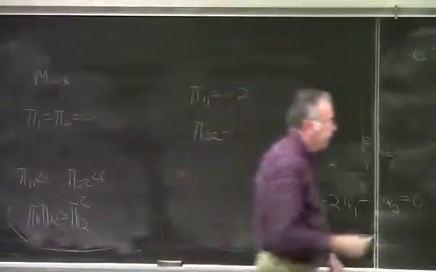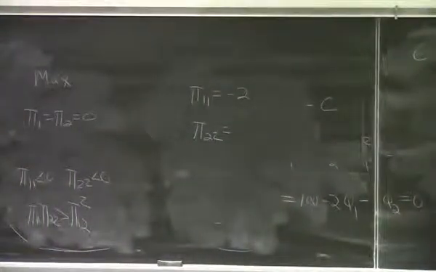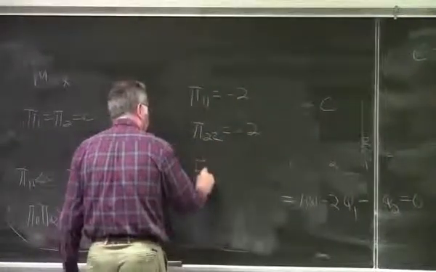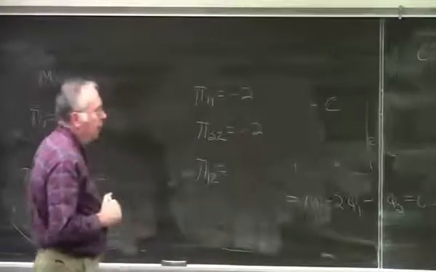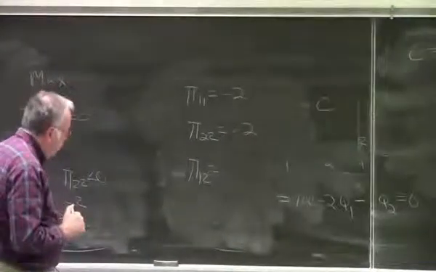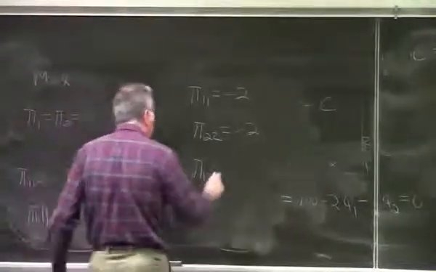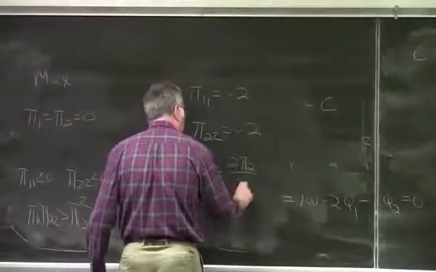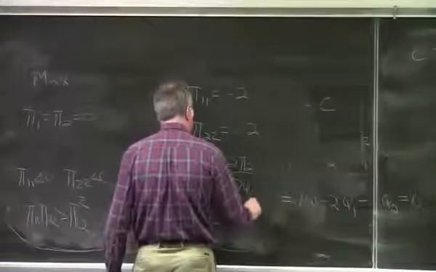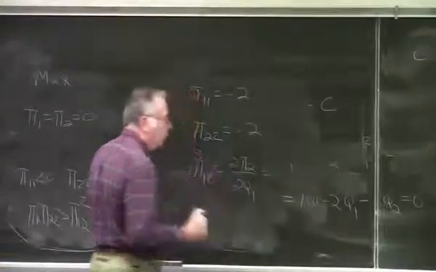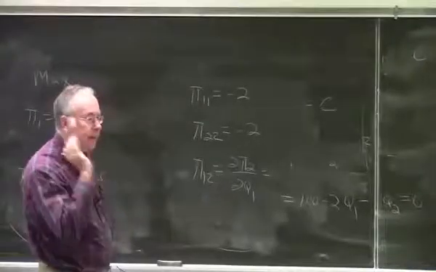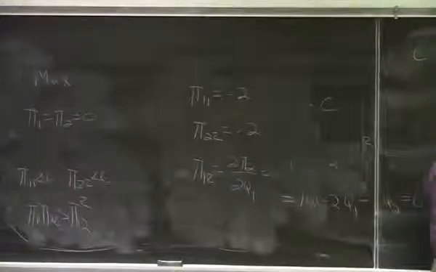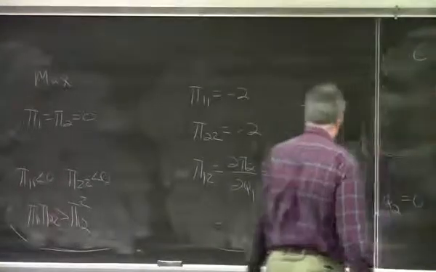That's this coefficient right here. What about pi 1, 2? Pi 1, 2 by definition would be the partial derivative of pi 2 with respect to q1. And what would that be? Negative 1. Okay. Partial derivative of pi 2 with respect to q1 would just be negative 1.